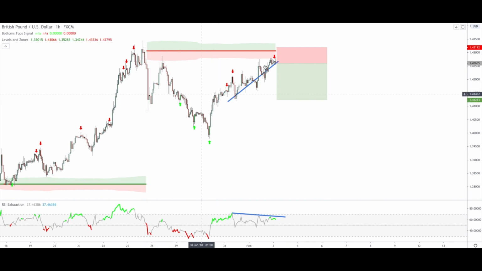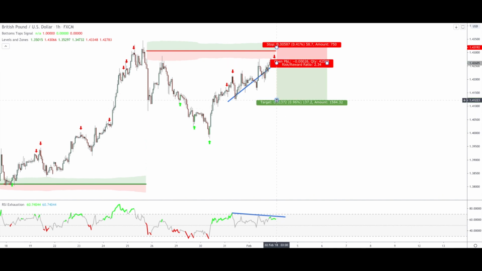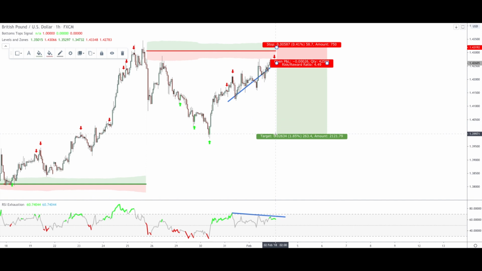But since I'm expecting this to be, as I said before, a double top, so one big top here and one other top here, then I'm expecting the price to go lower. To where? Well, I don't know where it will stop, but if the price from here moves lower, then I can confidently say that it will reach at least this level down here.